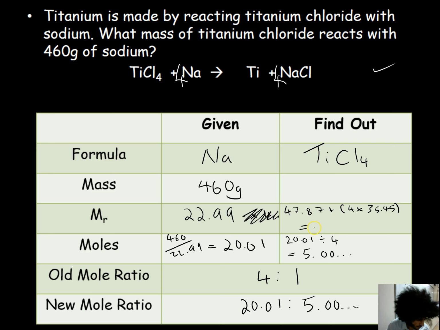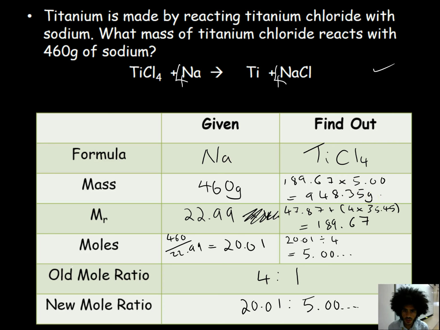So 47.87 plus 35.45 times 4 is 189.67. So to work out the mass, it's 189.67 multiplied by 5.00, and that gives you 948.35 grams. Okay, and that's your answer.